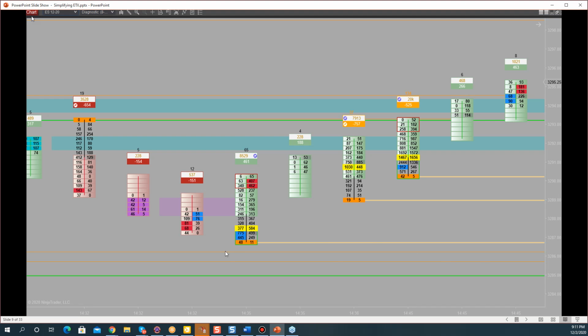A basic TX trade is when we've got the exhaustion box, which is denoted by either a green box or a red box. We've got the exhaustion box, and then we have the blue shade, which stands for trapped orders. The exhaustion box shows us that there was exhaustion at the bottom of this bar on the selling side.